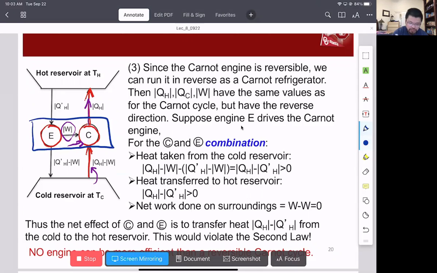So now if we try to run the analysis, that would be the flow in, that would be the flow out of the system. And at the same time, we are going to have another flow into the system and flow outside of the system. And you realize that the work exchange between the heat engine and the Carnot engine is happening internally, right?